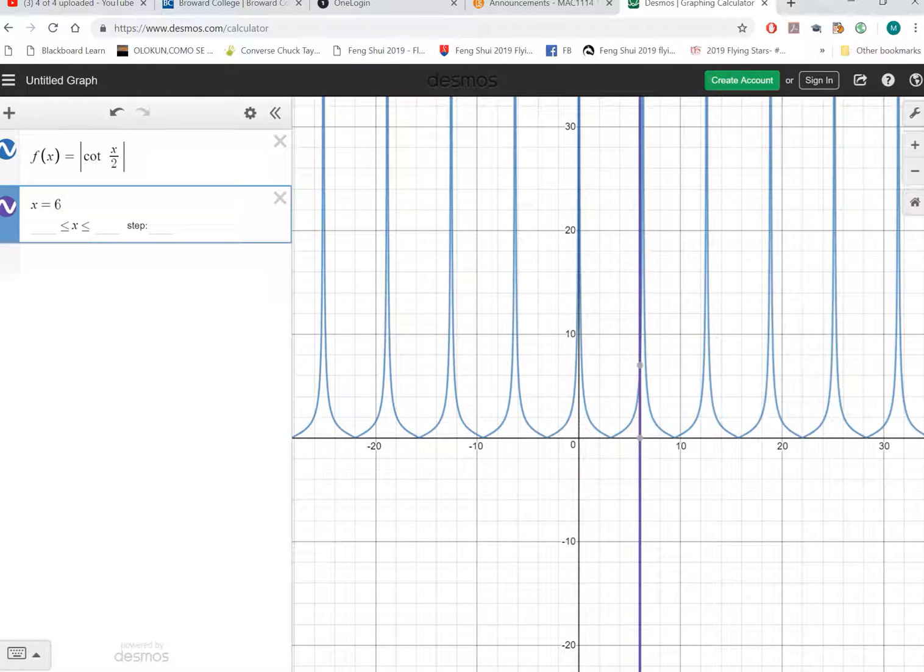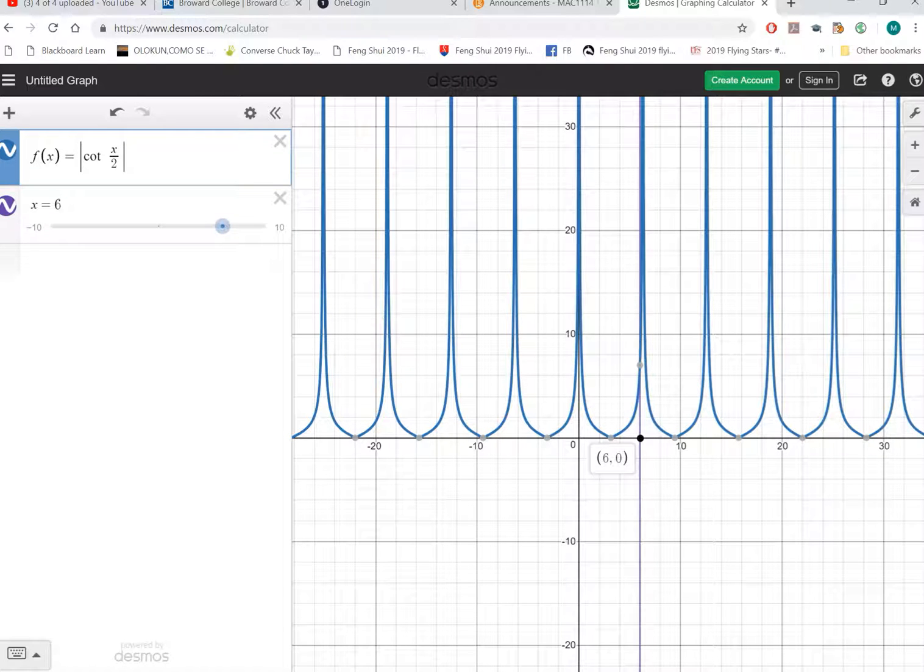So at about x is 6, you should have a pretty clear distinction of the cutoff for the asymptote there. Alright, so I'm going to stop the video here for this one. This is the graphing part, and I'm going to start with questions 49 to 60, so we should be done soon.